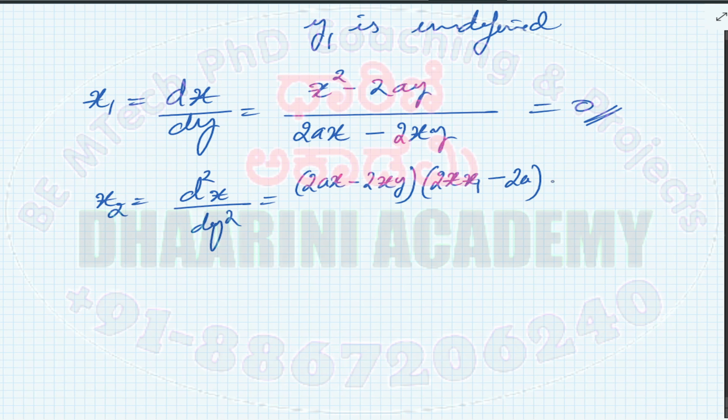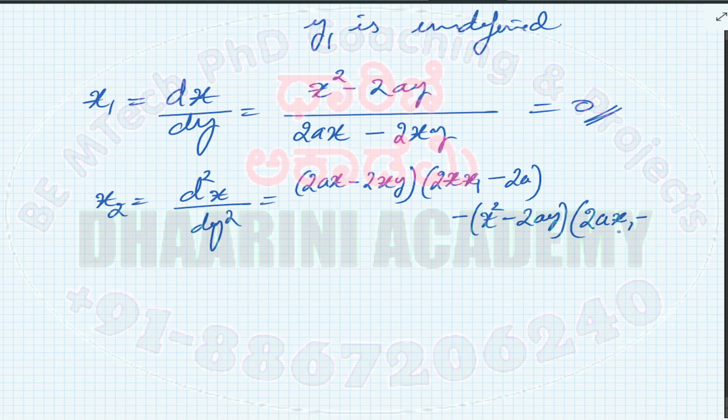Then minus, I'll write here minus the numerator as it is, that is x square minus 2ay, into the differentiation of the denominator. Differentiation of the denominator will be 2a x1 minus, see there is 2xy.